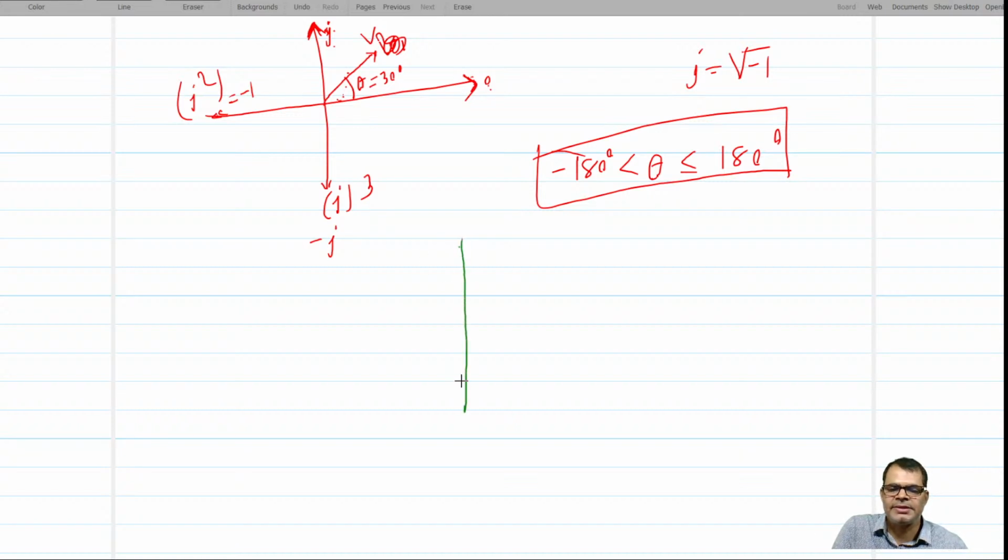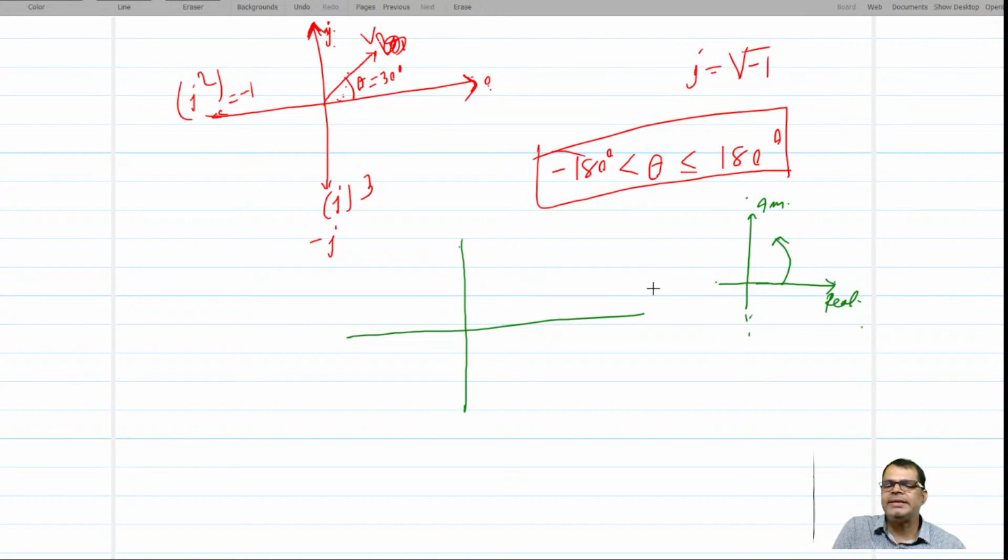As you know, angle is always measured in anti-clockwise direction from the real axis. This is the real axis, this is the imaginary axis, the j axis, minus j axis this side, and this is the positive and negative real axis. So angle is a very important point.